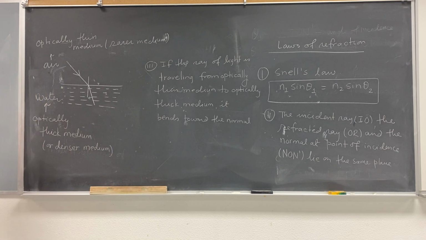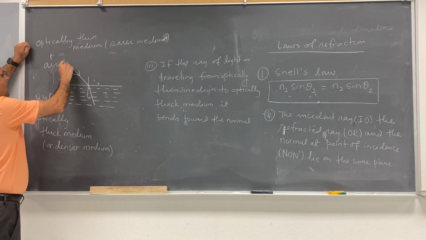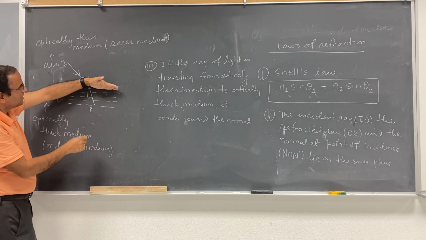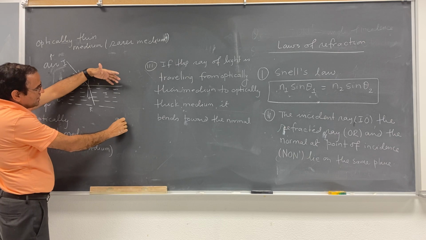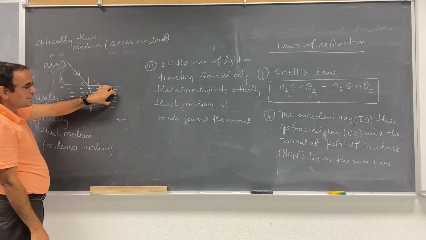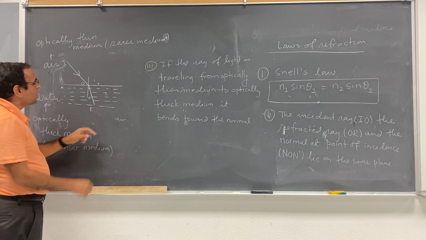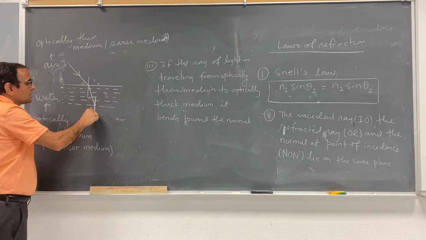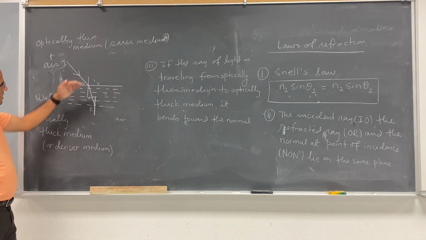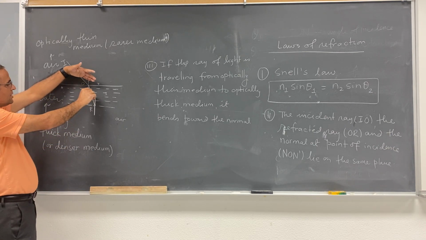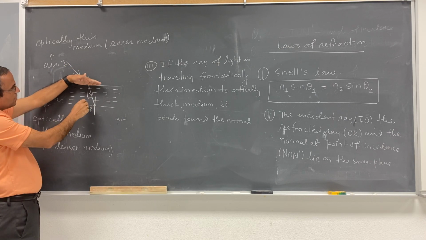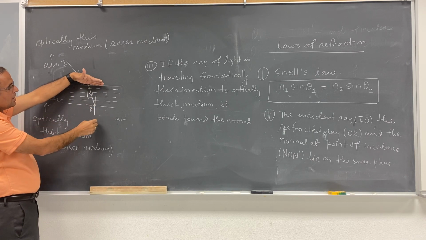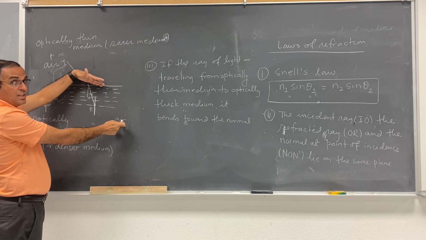But what happened? Now forget about this part, this I, O, this is R. Right here, if you consider this is water, what you have here is air, right? So water is optically thick, air is optically thin. What happened right here then? At this point, you draw another normal. Look, if you consider OR as the incident ray, considering only this portion, and this is water, optically thick medium, and air, optically thin medium.